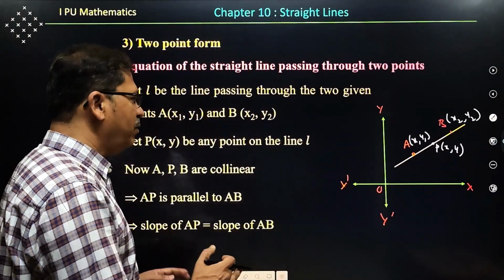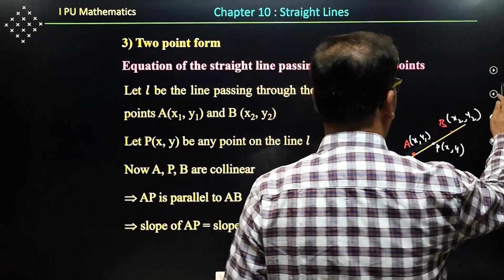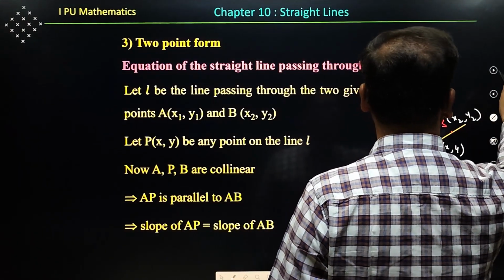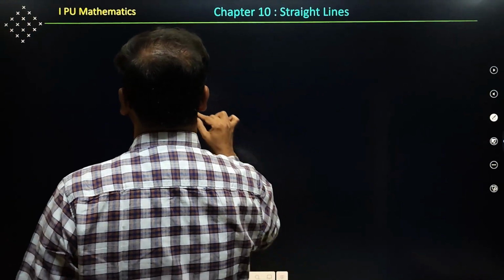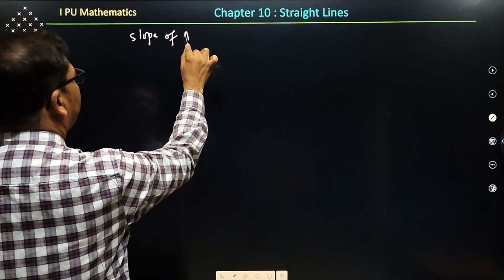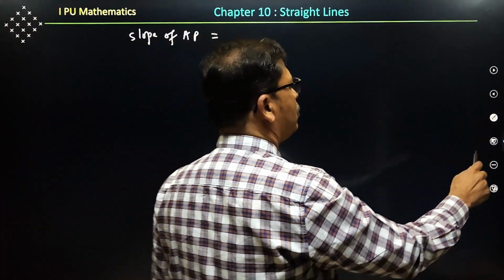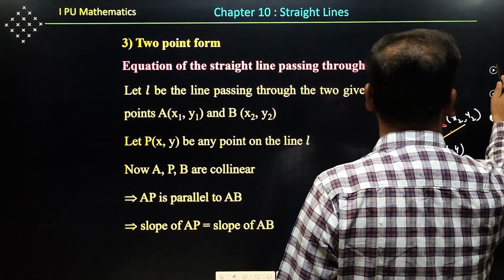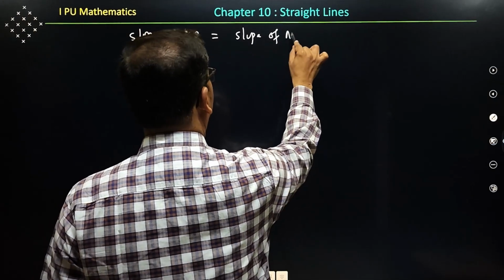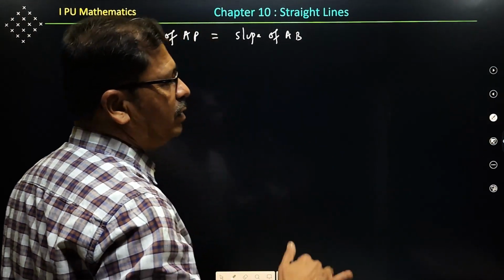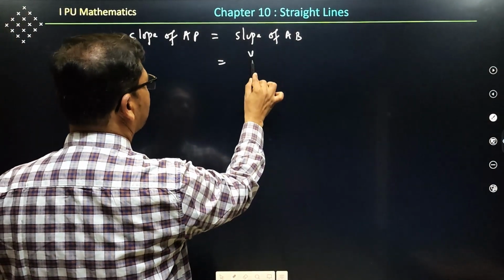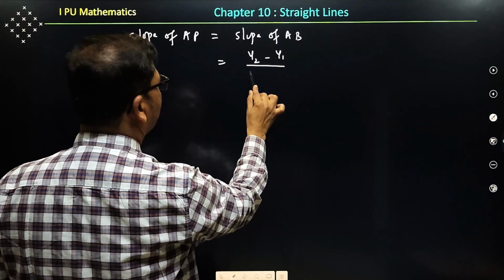Using this slope concept, you can find out the equation of the line here. Slope of AP is equal to slope of AB. Please concentrate here. A is x1, y1, B is x2, y2. So the slope of AB is definitely y2 minus y1 divided by x2 minus x1.